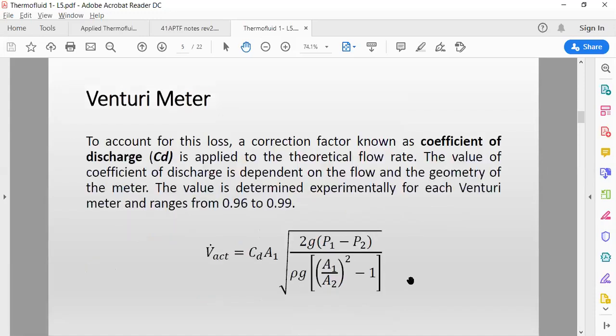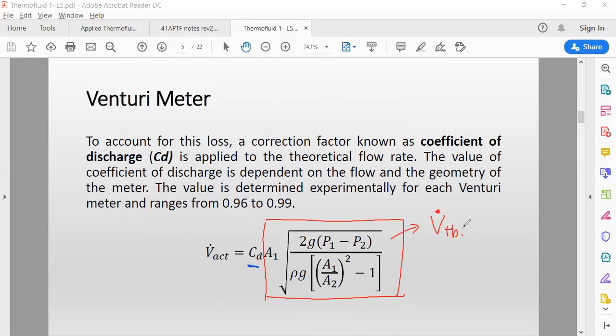So yes, here we have it. This is the Venturi equation, but you realize that this Venturi equation has something different. It has this CD term. But just now when we derived the whole thing, there's only this part. This part here is actually what we call the V dot theoretical, because it was theoretically derived.